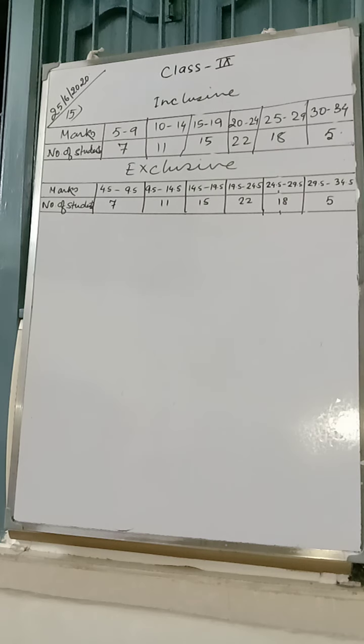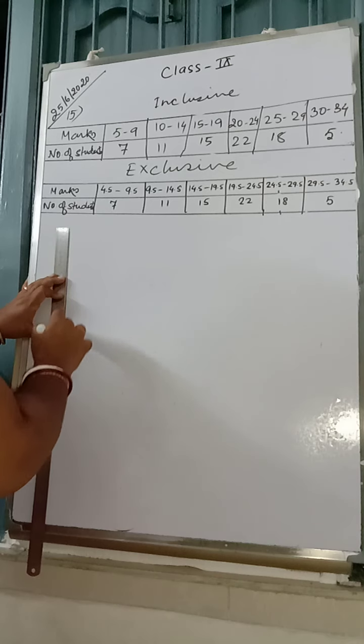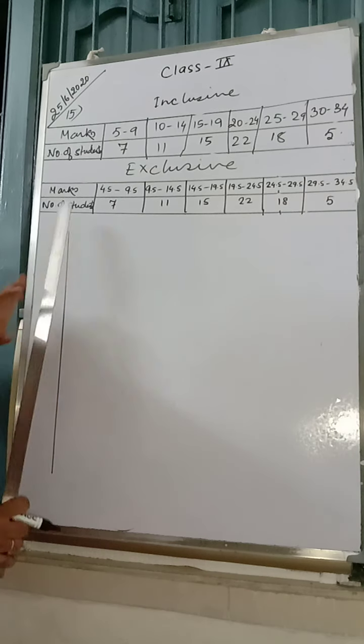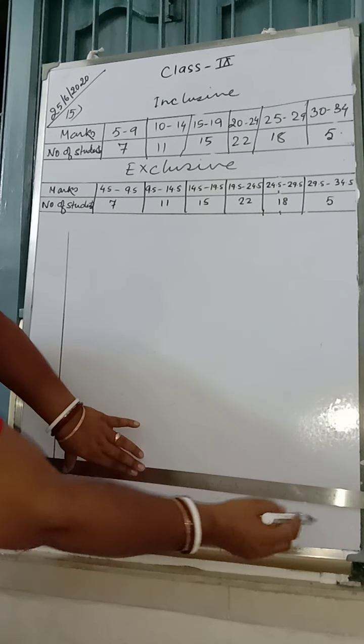We have to construct a frequency polygon. So we will be drawing the axes and then we'll represent this, is it? As we know, this gives you the y-axis and this gives you the x-axis.